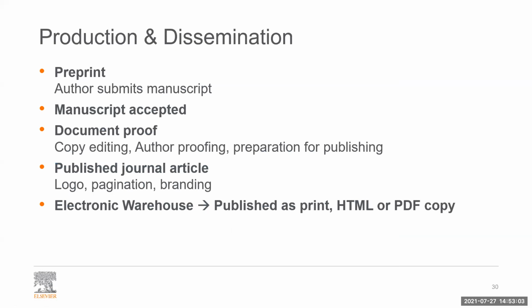Again, tying back to the keywords you've put together, this is incredibly important. Artwork quality is checked at this point, and the manuscript is converted into XML for web platforms. In Elsevier's case, an XML format for the article is then deposited into our electronic warehouse, we call it. And from there, the article can be published as an online HTML or PDF, or it can be used to publish a print copy and disseminated broadly.